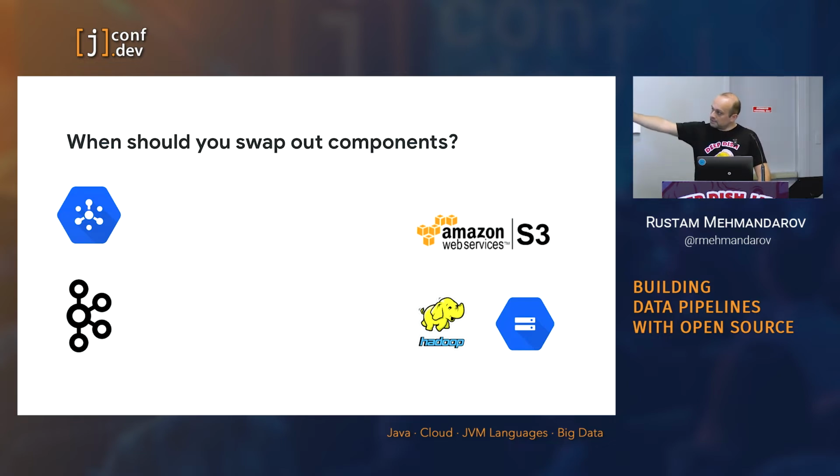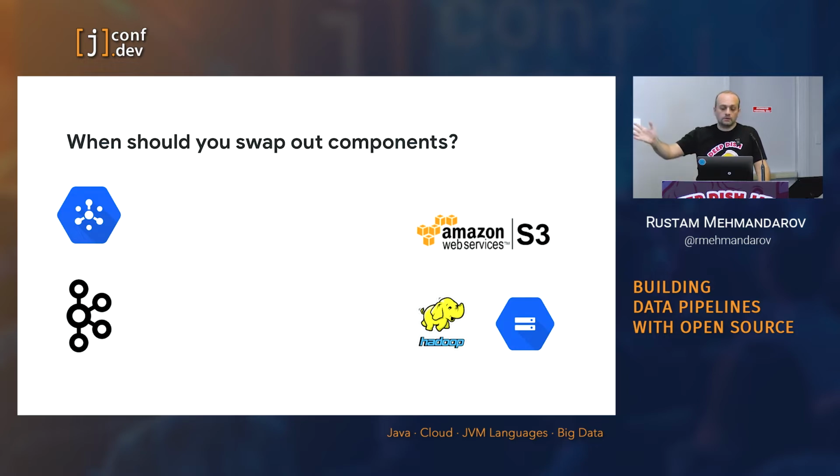On the right side, you have examples of storage. So you have S3 buckets, you have Google Cloud buckets, and then you have Hadoop and stuff. On the other hand, you have things for streaming. So up there, the blue hexagon is PubSub.